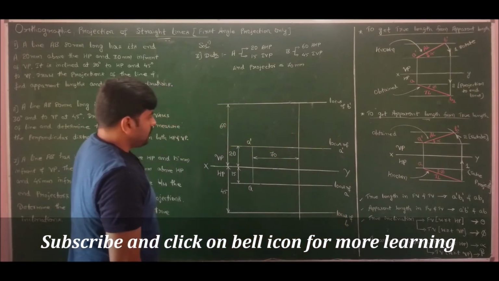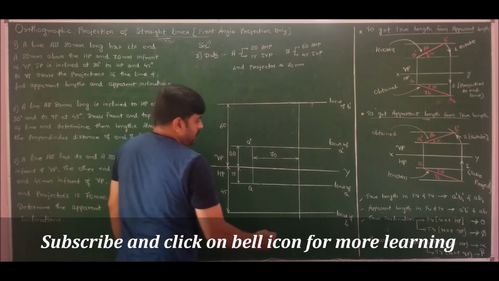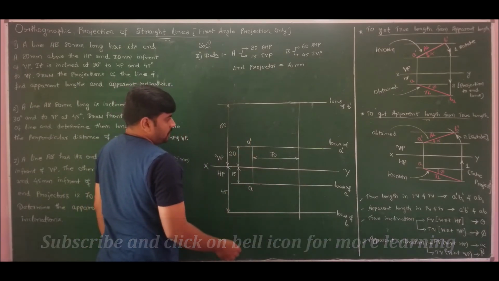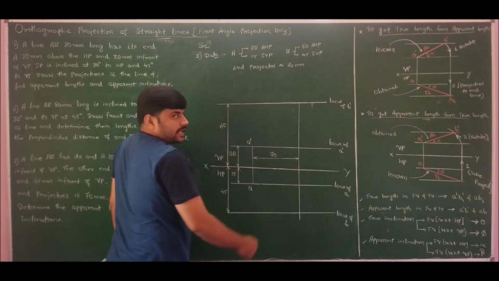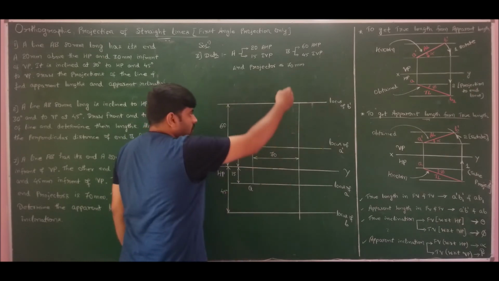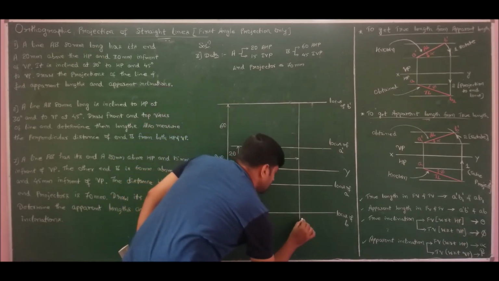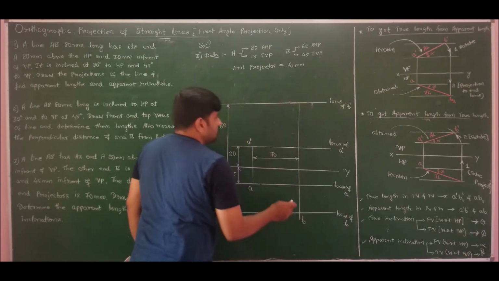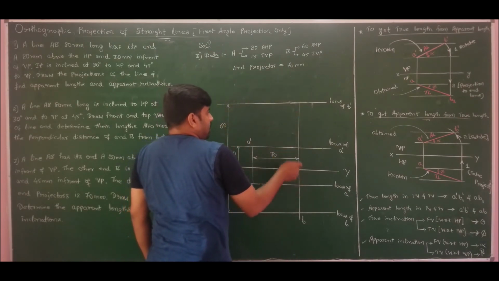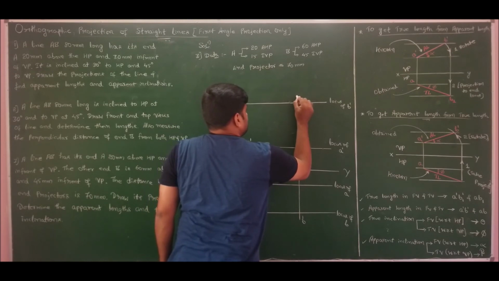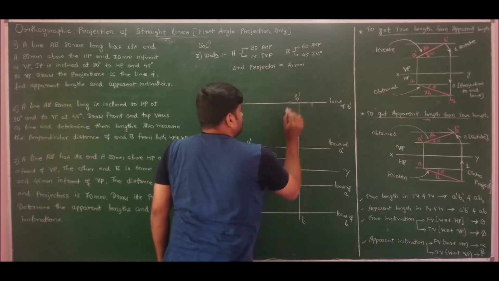So we know that the end B and B dash of this line should lie on the end projector vertical line. So therefore the point where this end projector intersecting locus B itself is point B for us. The point where this end projector line intersecting locus B dash itself is point B dash for us.